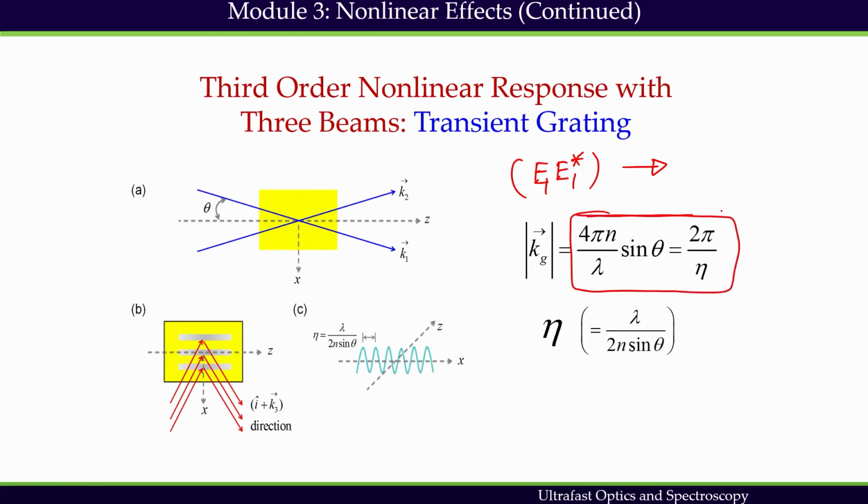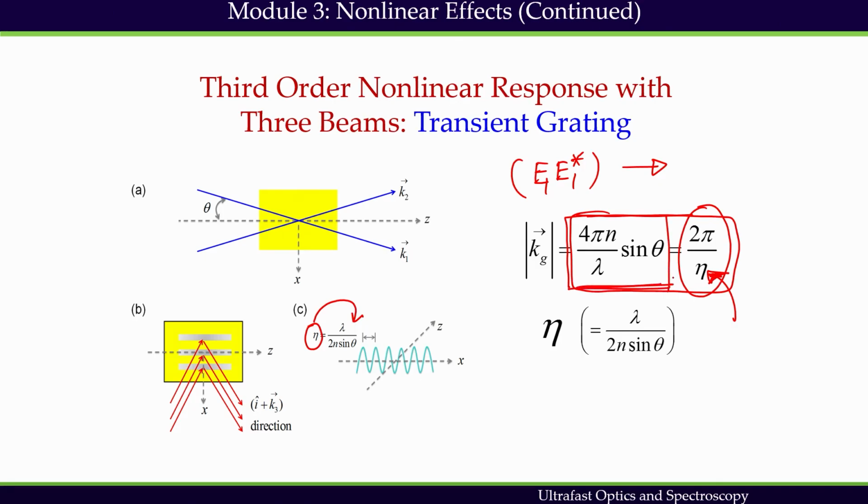Any wave can be represented by 2 pi by eta, where eta is the wavelength of that repetition. So if this oscillation is represented by this eta wavelength, that is connected to the excitation wavelength following this equation. This wave vector we get from the previous calculation.